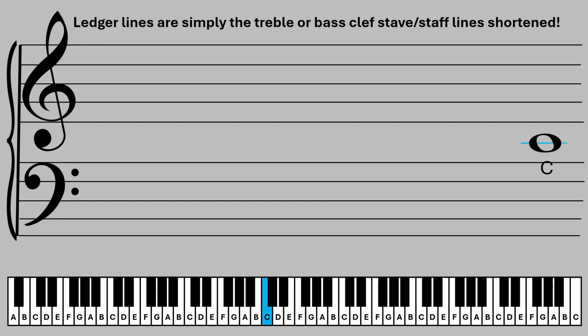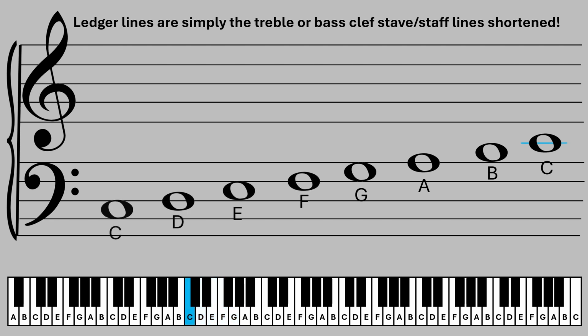Let's add the notes moving down in pitch via the line space pattern until we reach low C. Now we need to add the C ledger line for all of these notes. Let's shorten the brace which connects the treble and bass clef staves together and remove the bass clef, as these notes will be shown as ledger lines in the treble clef.